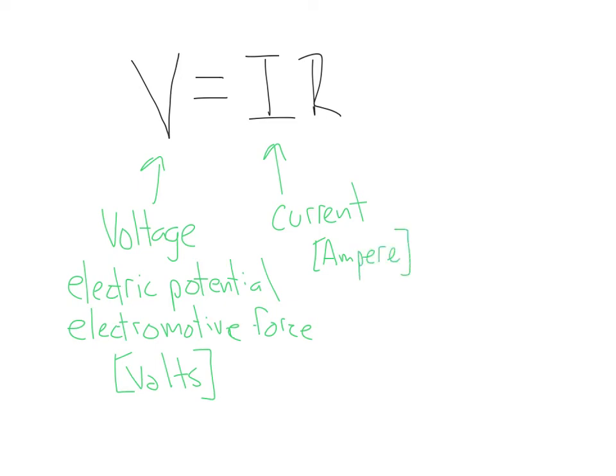Sometimes known as an amp, or it's abbreviated with an A. So the abbreviation for amps or amperes is A, and I guess I should have mentioned this before, but the abbreviation for volts is the capital V.